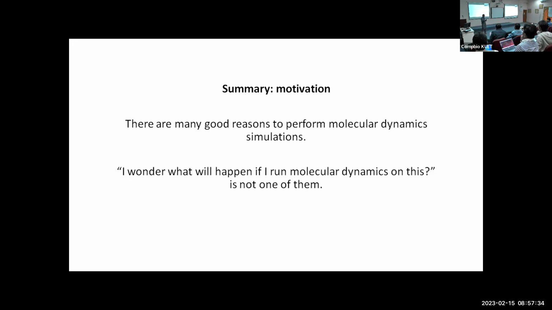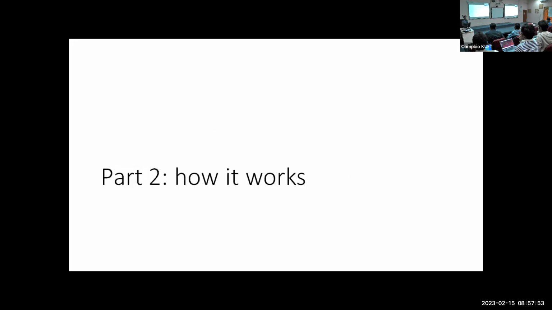So you have to think the same way. You're just not going to start an MD simulation because you have the computer and think, let's see what happens. Nothing will happen. You have to have a careful experimental plan so that you can see something happen in an MD simulation.